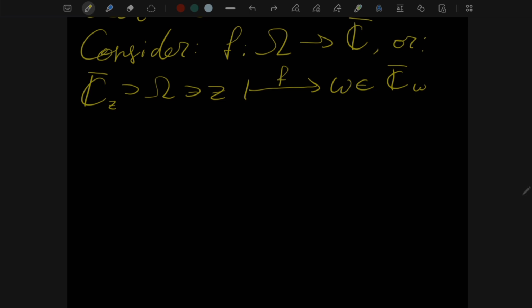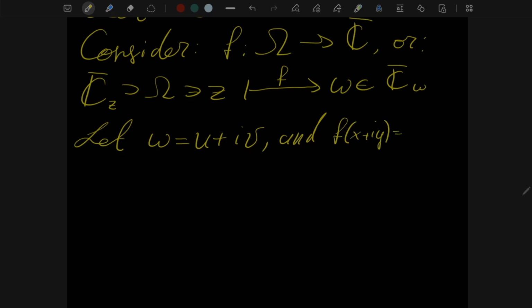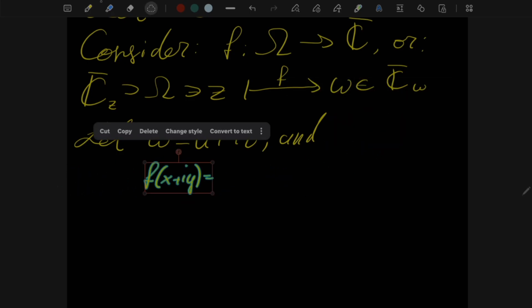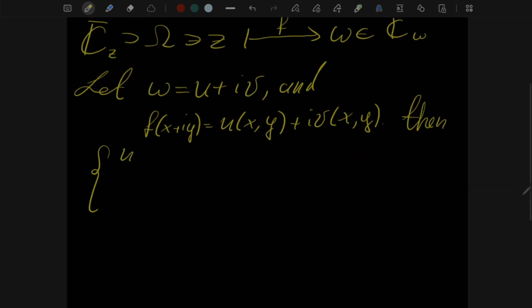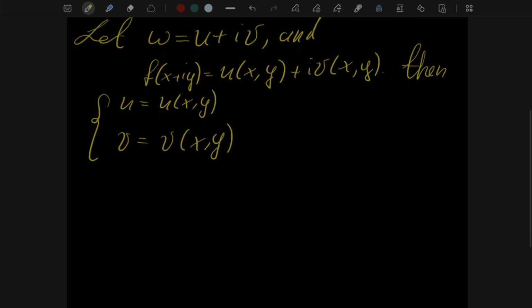So, by rewriting omega and f of z as their real and imaginary parts, we can see that they indeed correspond to themselves, which is quite obvious, but it is also quite nice in my opinion.